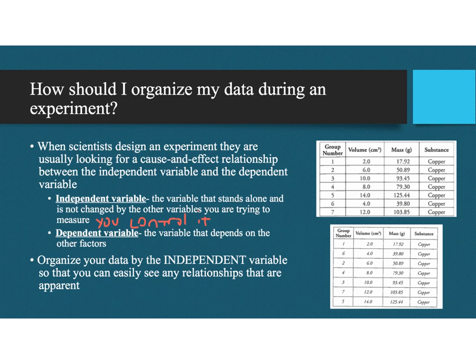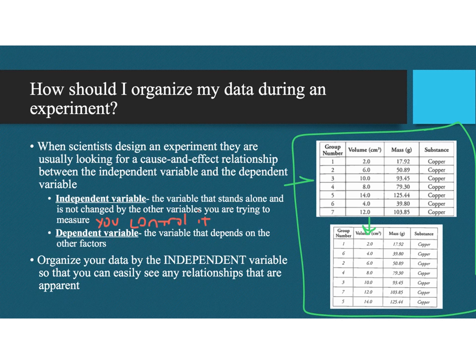So if we take a look at the data tables on the right, these are the same data tables that you saw in the POGIL activity. And you can see between volume and mass, the volume is the independent variable, and so it is easier to see that as volume increases, mass increases if you put it in order of the independent variable, which is volume.